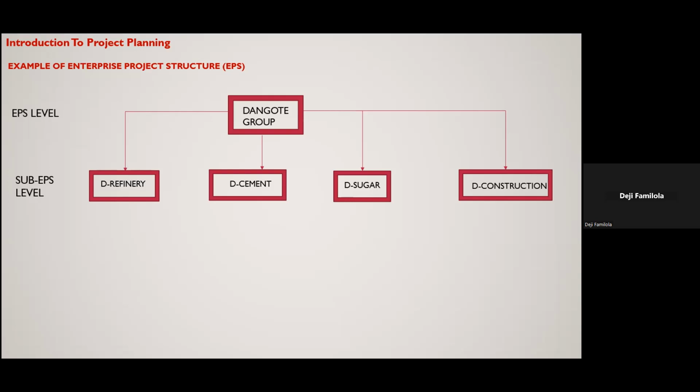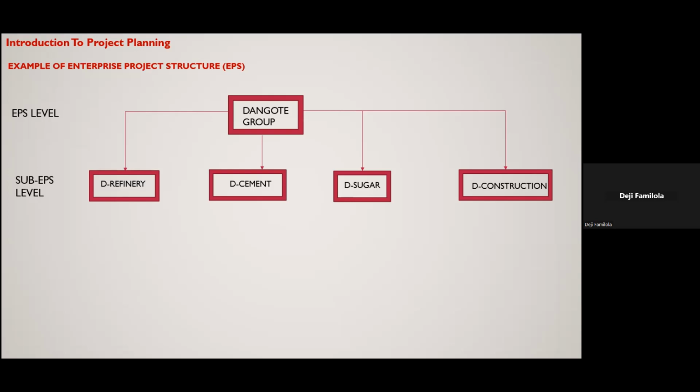And sorry, in planning, especially, like I said, I'll be teaching you using Primavera P6 as a planning tool. So in P6, you have what's called EPS. EPS means, as it's written there, enterprise project structure. It's like you have Dangote Group. If you're from Africa or from Nigeria, most people know what Dangote is.